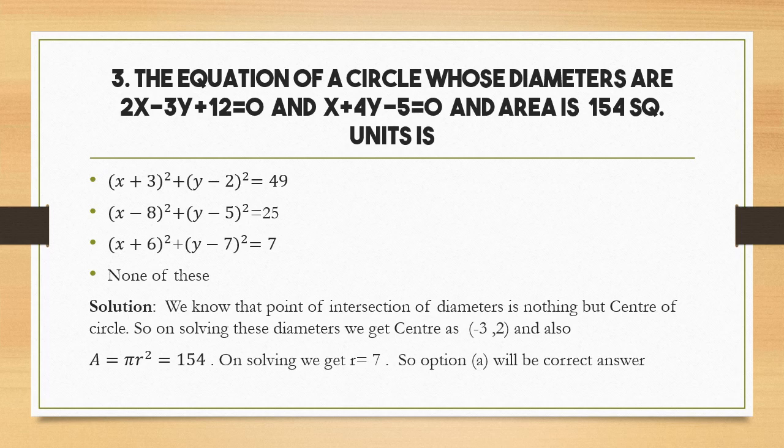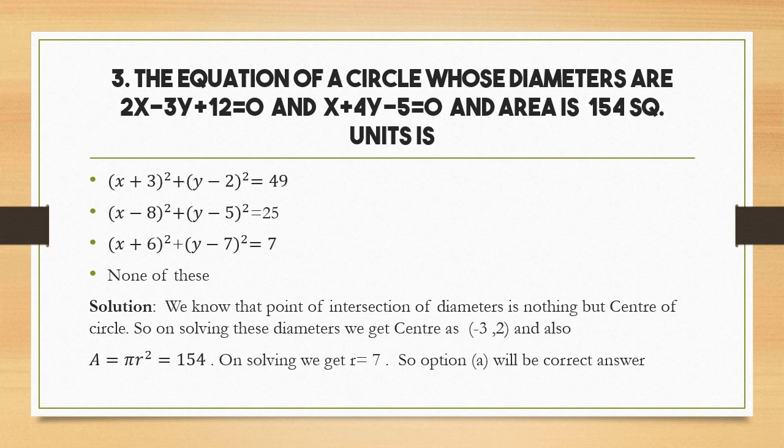They look like simultaneous equations, and we all know how to solve simultaneous equations. On solving these two simultaneous equations, we got the answer as minus 3, 2, and we all know that the point of intersection of diameters is nothing but the center. Therefore, we got a confirmation that minus 3, 2 is the center of the circle.